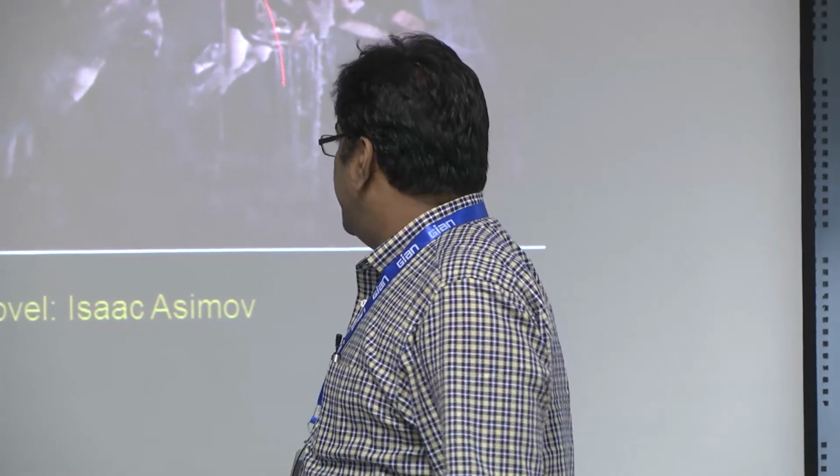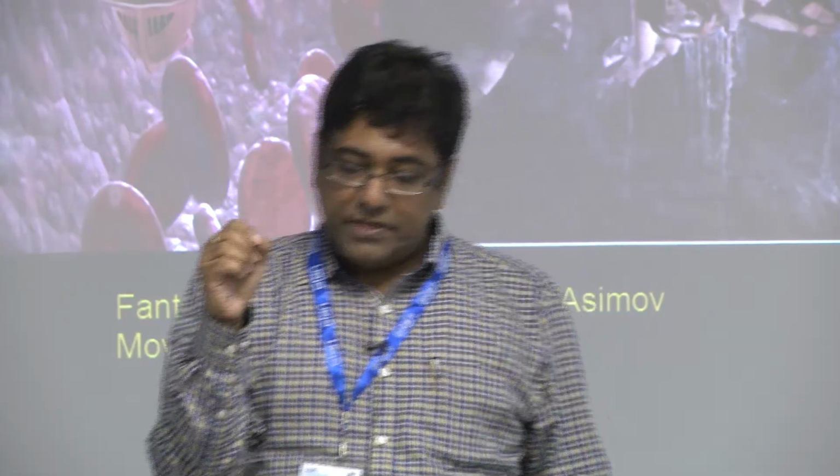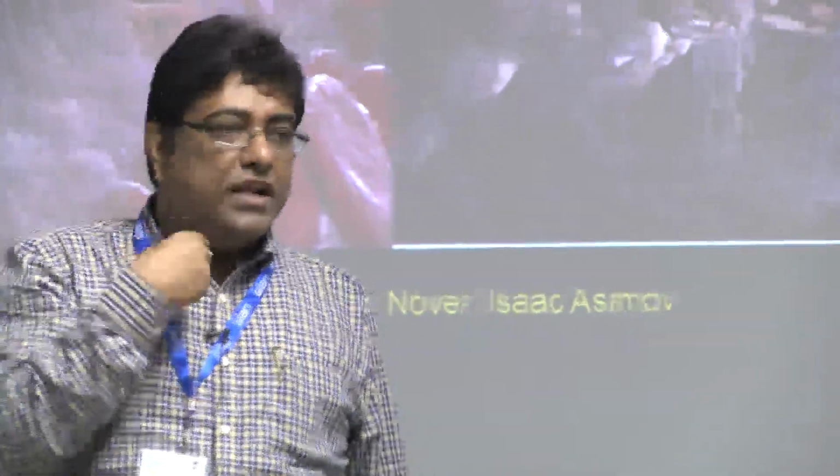One possibility you can think about is Fantastic Voyage, by Isaac Asimov, and this movie is very old, 1966. In this science fiction, a patient has a very small, deep wound somewhere where the surgeon's scissors cannot go.